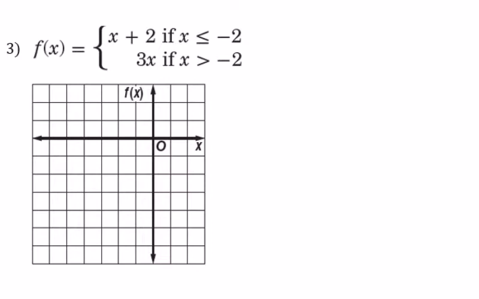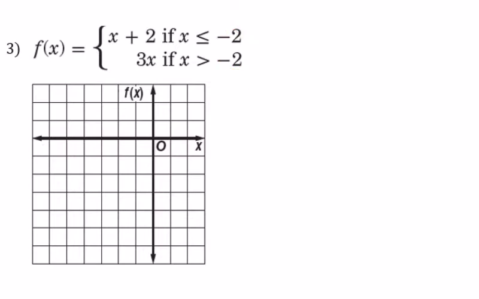But generally in a piecewise function you have 2 or more. So here I have the graph x plus 2, and it says if x is less than or equal to -2, right? And then it says 3x if x is greater than -2. So basically at -2 here, I have a split, or that's where the separation is.